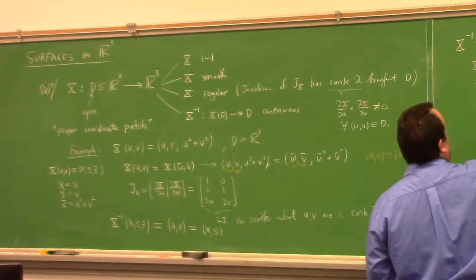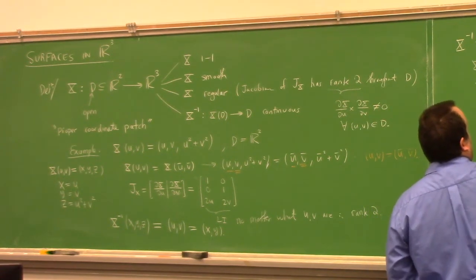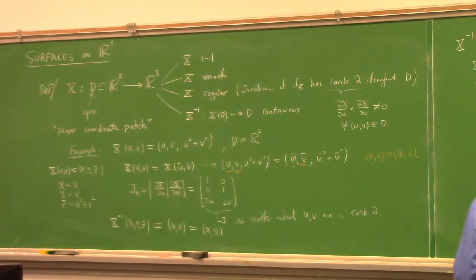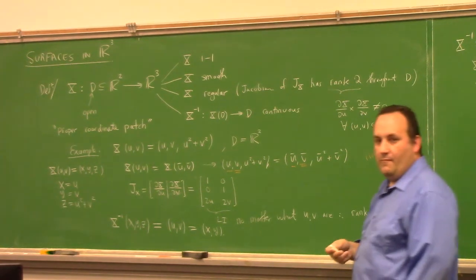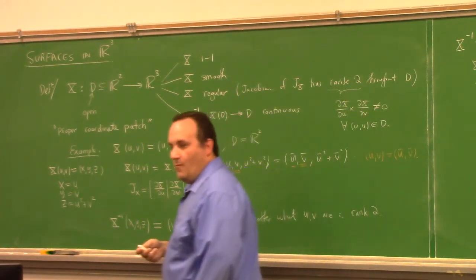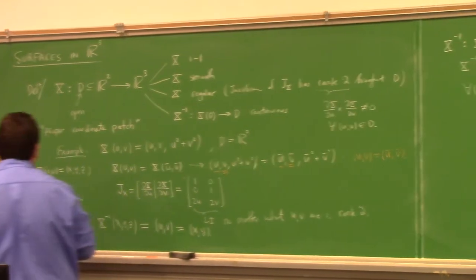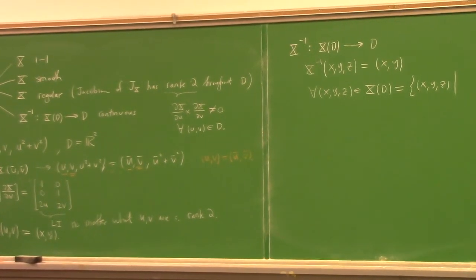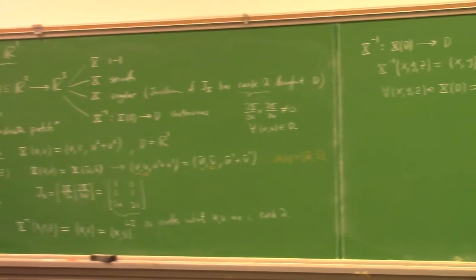in x of d. Now, what is x of d, though? That's x, y, z such that what? It's not just any old x, y, z, right? It's a specific subset of x, y, z, subject to a very particular condition. Z is u squared plus v squared.